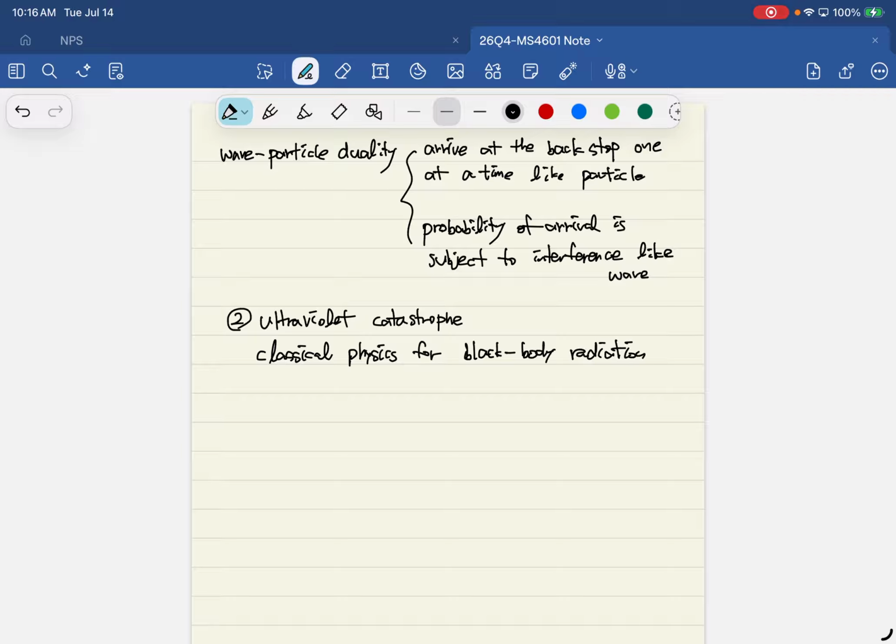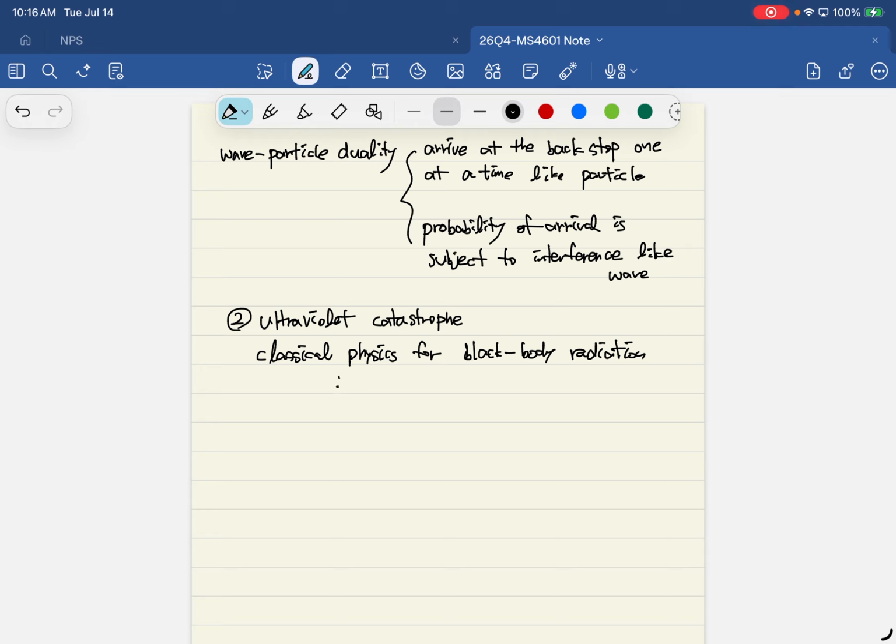You guys learned about black body radiation from heat transfer, right? You remember? Okay. So classical physics. This is a theory developed a long time ago. The things that you learn in heat transfer are correct, but this theory was developed before that. Okay. So this is incorrect.